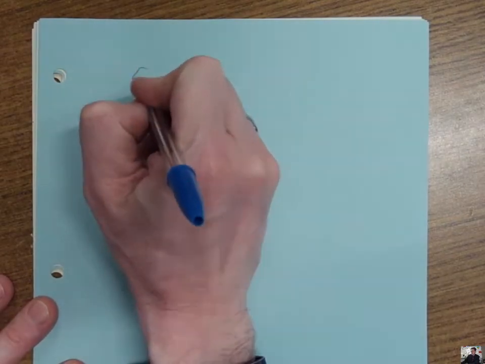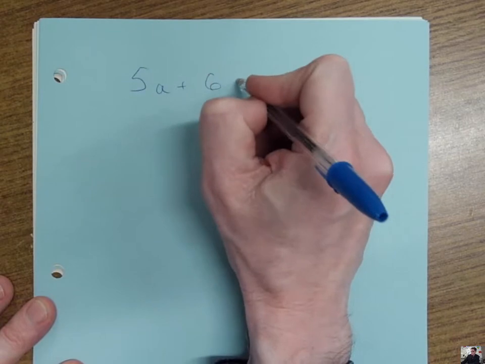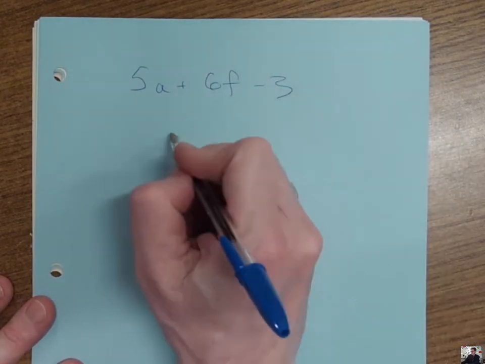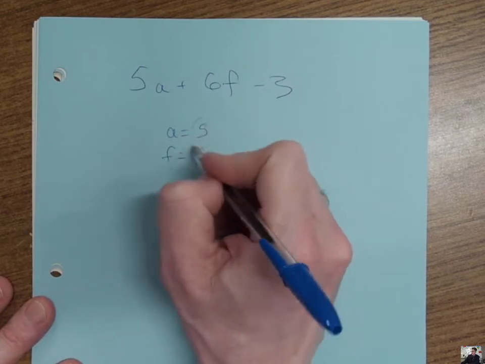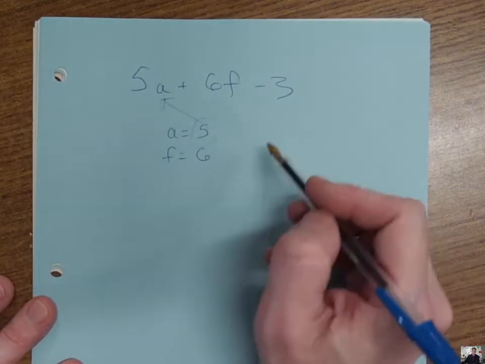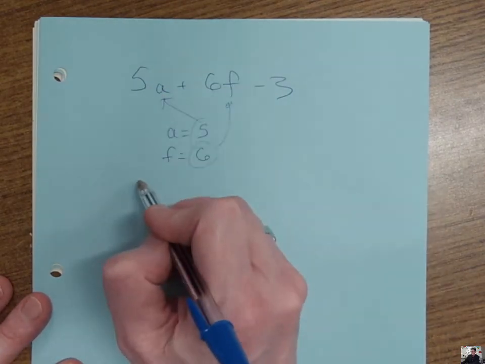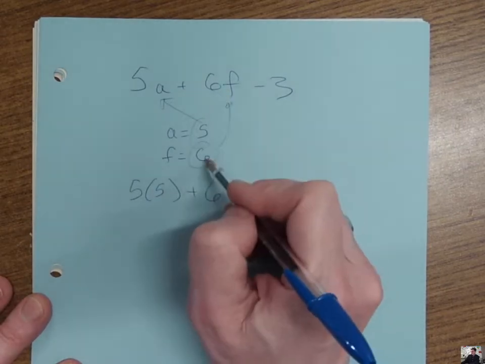Here we go. We've talked a little bit about expressions such as, say, 5a plus 6f minus 3. And then we've even said, hey, if a is 5 and f is 6, we can put those numbers in place of the letter. If they're equal, we can just place them there. And then we're at 5 times 5 plus 6 times 6.